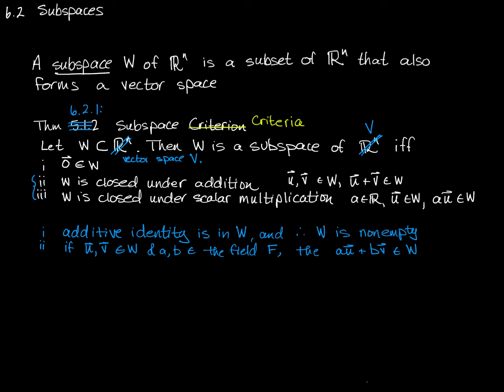The other thing I need to add to this version of the subspace criteria theorem is that down here I specified a field F, and up here I did not.